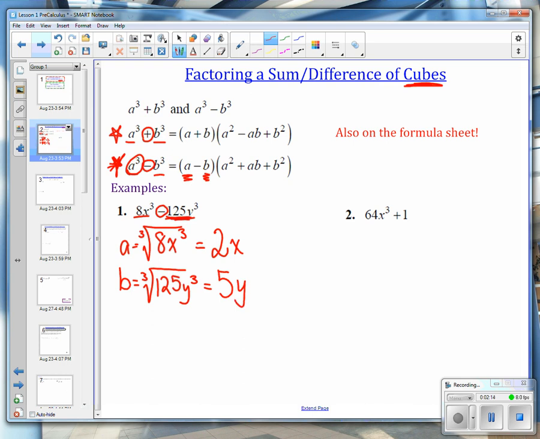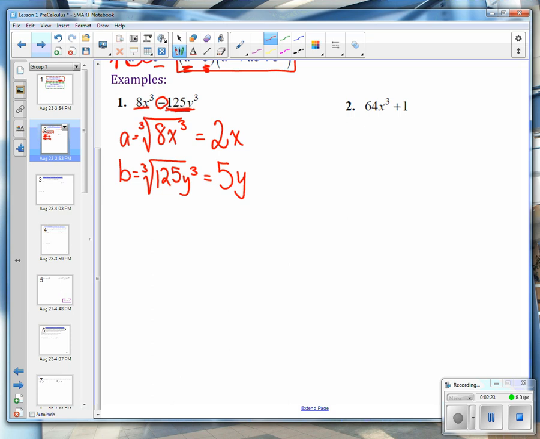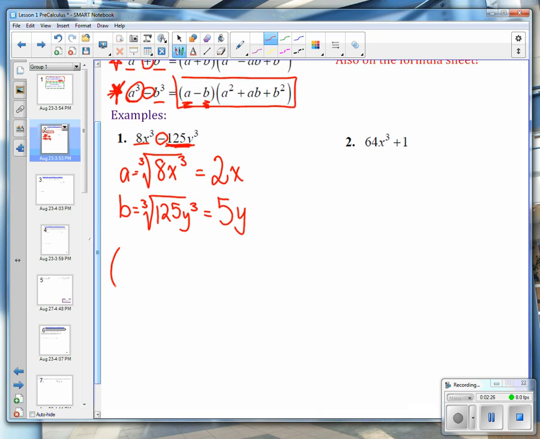So now we found our A and our B. All we have to do now is look at that formula. I've got A minus B, so 2x minus 5y, and then I've got A squared plus AB plus B squared.